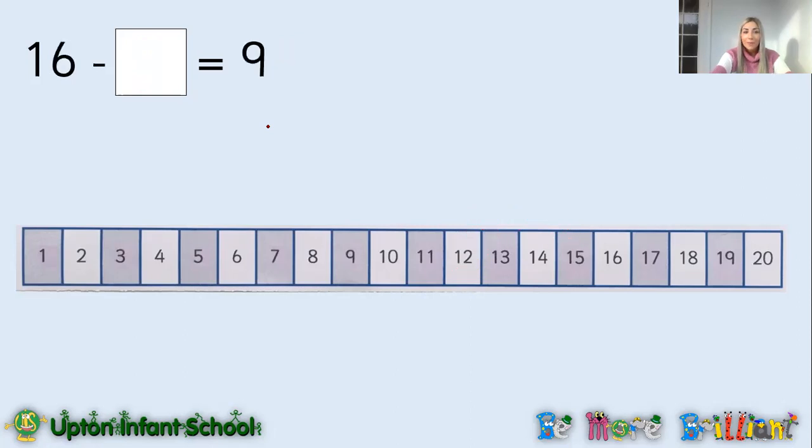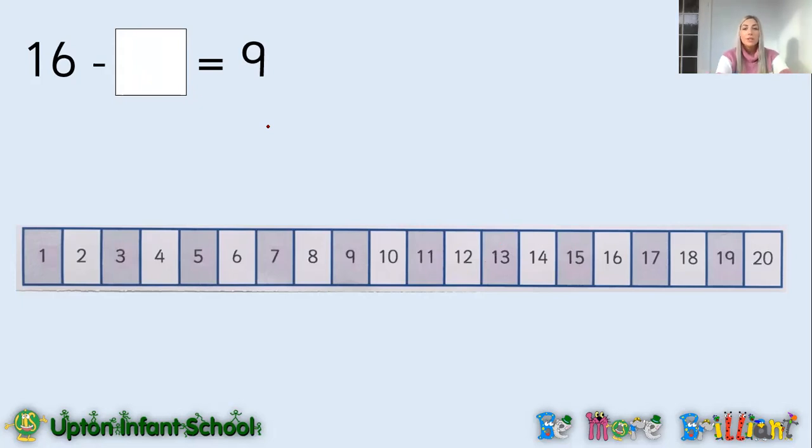Okay, next one. Again, we have got a missing number here. So first there were 16 cars, then we don't know how many of them drove away, but now there are 9 left.